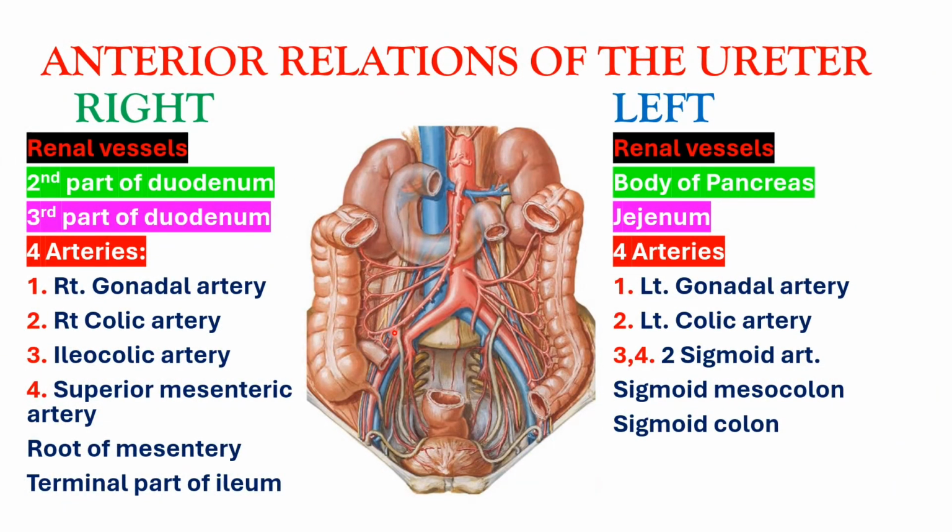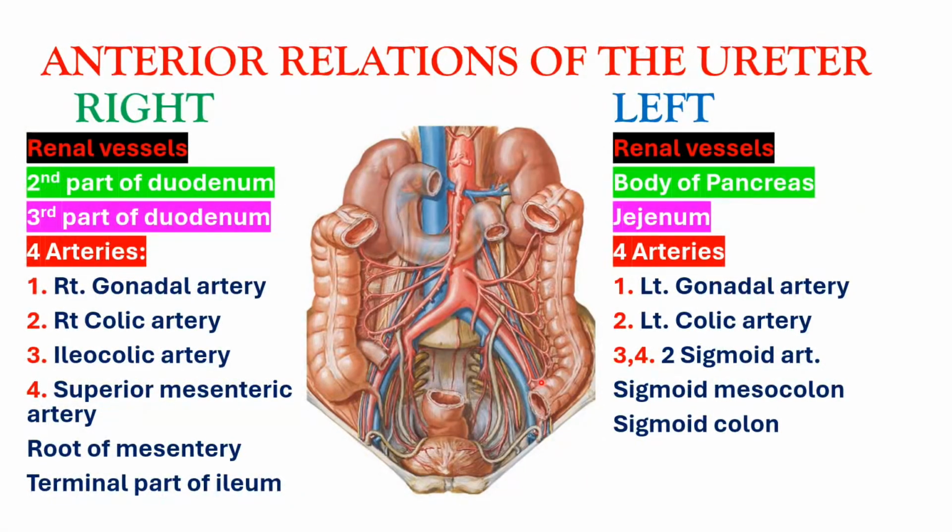Coming to the left side, we have the sigmoid mesocolon. This structure here is the terminal part of the ileum, and then this is the sigmoid colon, which is also anterior to the ureter.